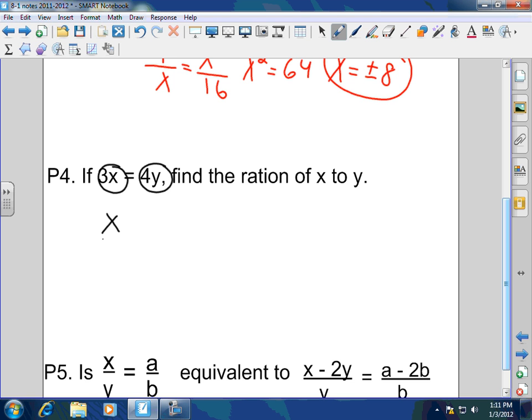X, and the 3 is going to be here because they're extremes, correct? And then the y and the 4 because they're means, correct? 3 times x is 3x. 4 times y is 4y. So the ratio of x to y is 4 to 3.